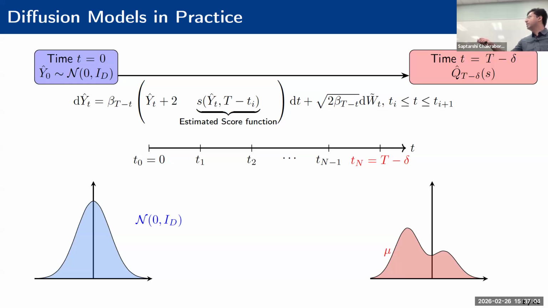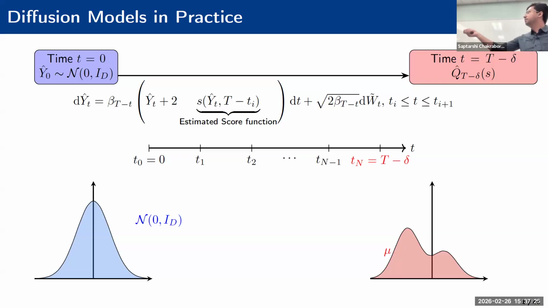At capital T minus delta, we stop this process because near 0 there's a variance inflation that happens in practice as well. From a theoretical viewpoint, it also makes sense because if mu is lying on some manifold or some subspace, then there are some singularities that will blow up the variance.